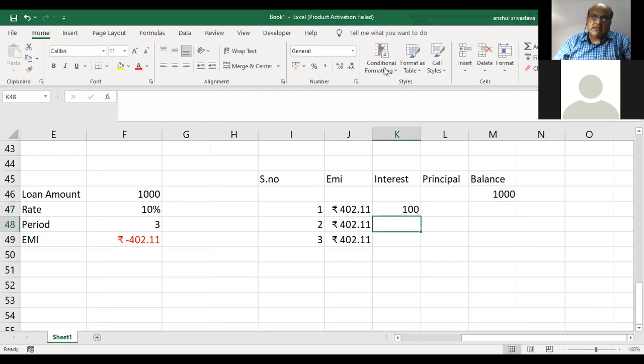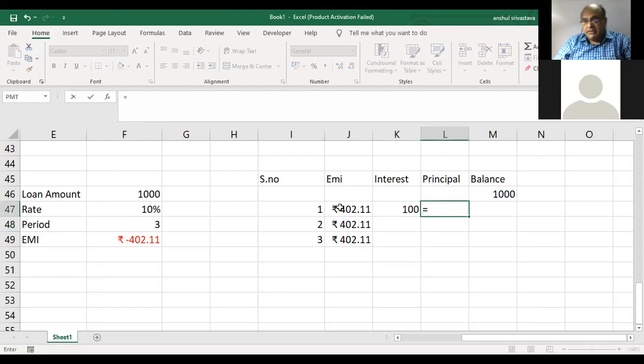Your first month's interest, or first year's interest, will be on the total principal. So the first EMI is 402, interest is 100. So the principal payment being paid in the EMI is this minus 100. And balance will be equal to 1000 minus this.